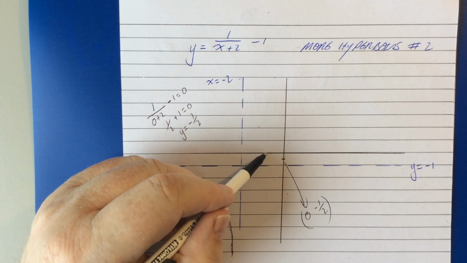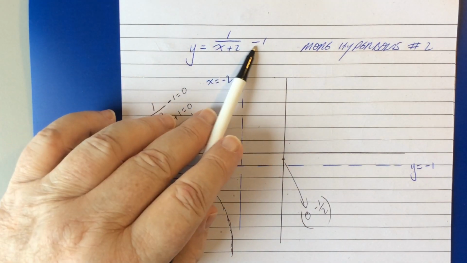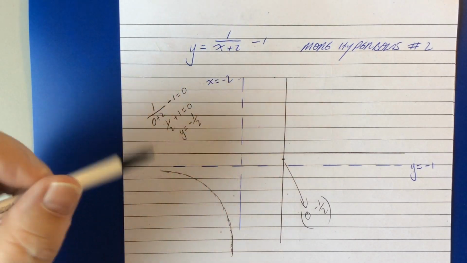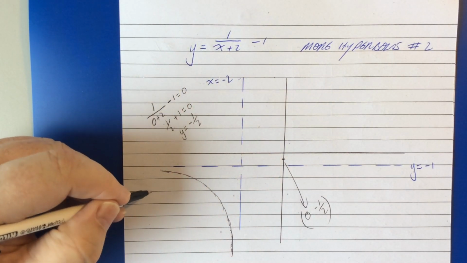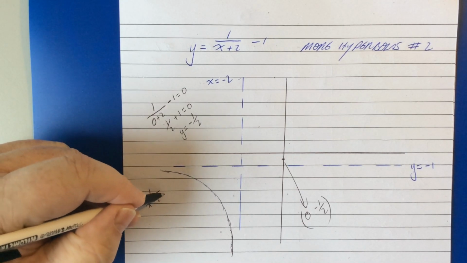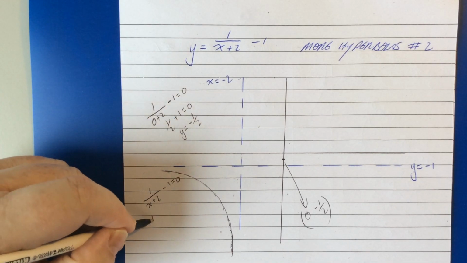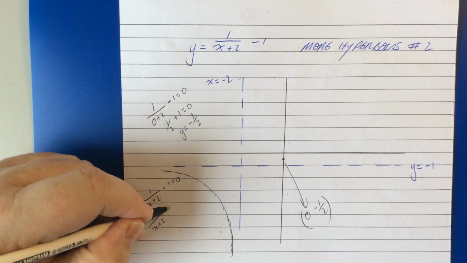Now we need to ascertain this point, and in order to do that, we have to make y equal 0. So 1 over x plus 2, minus 1 equals 0. 1 over x plus 2 equals 1.